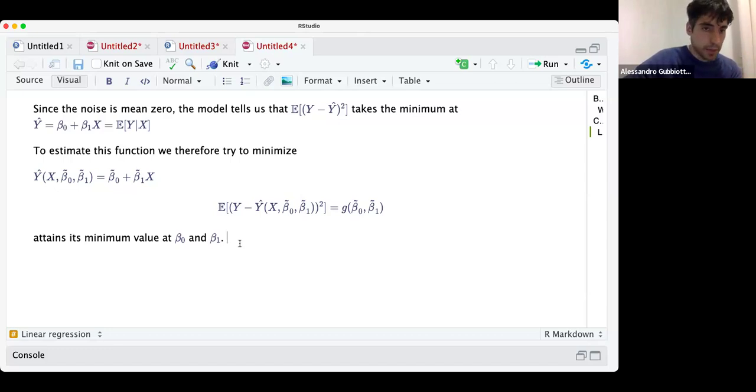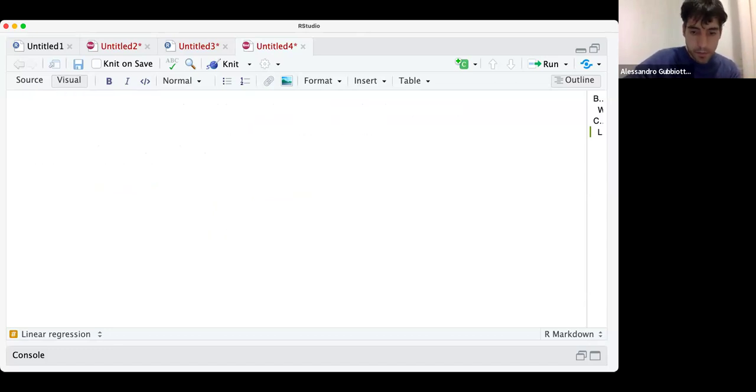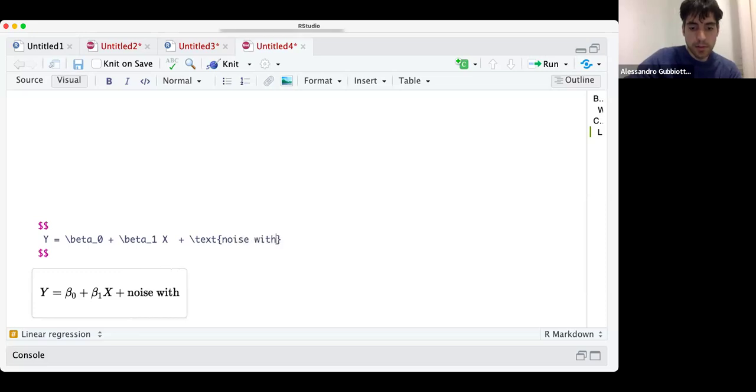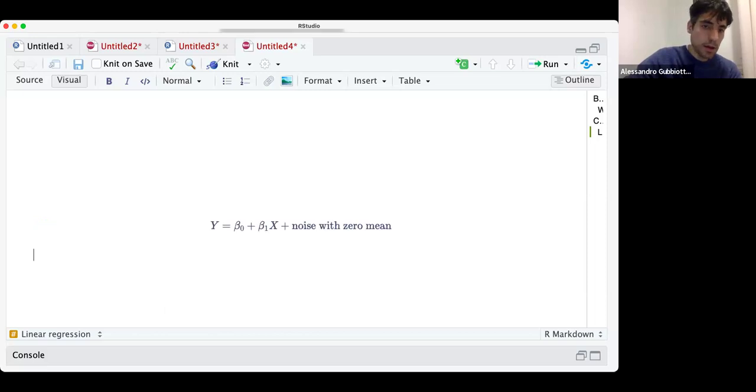What I was saying is that if we have the following model, data that has this structure, x plus some noise with zero mean, then we have two things.